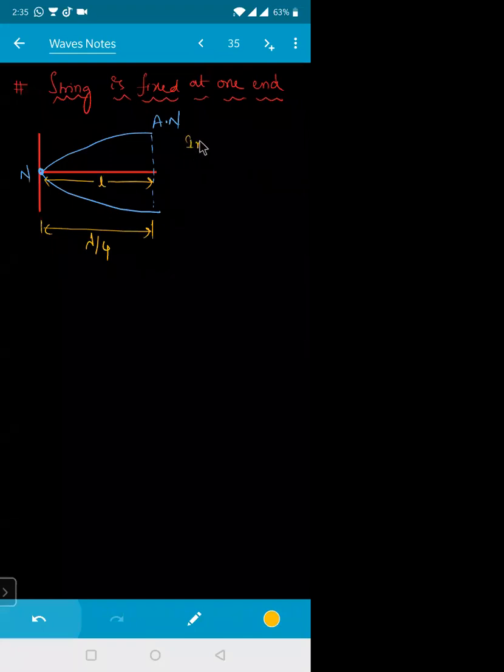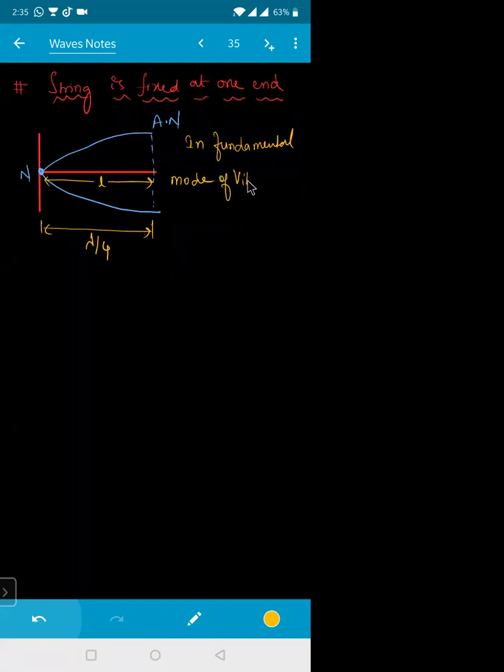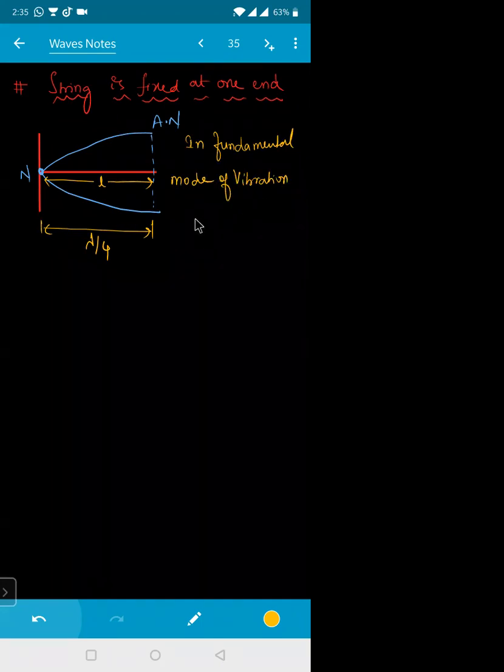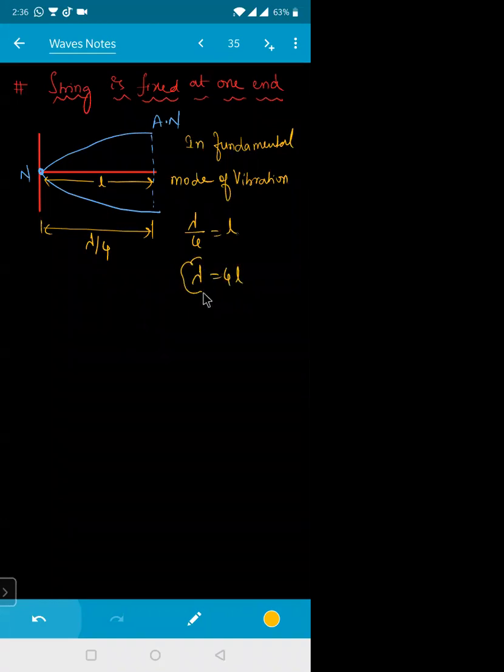So I can write here, fundamental mode of vibration. In fundamental mode of vibration, lambda by 4 is equal to L. That means lambda is equal to how much? 4L.